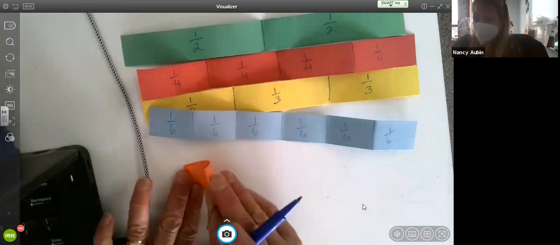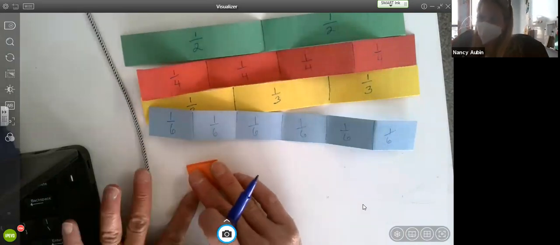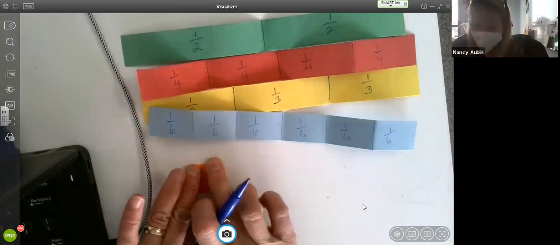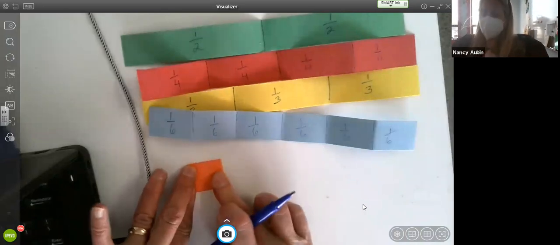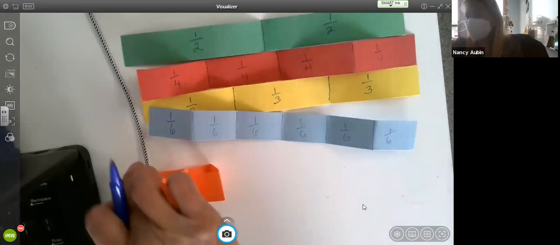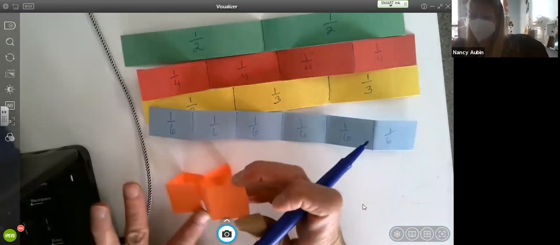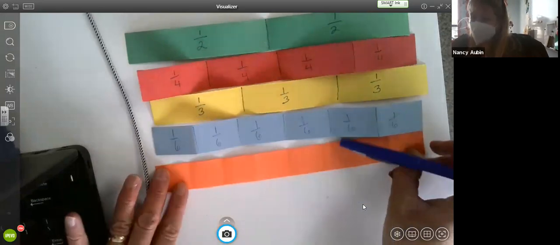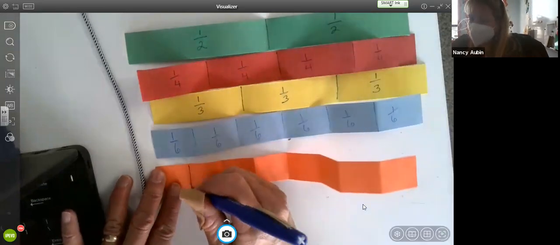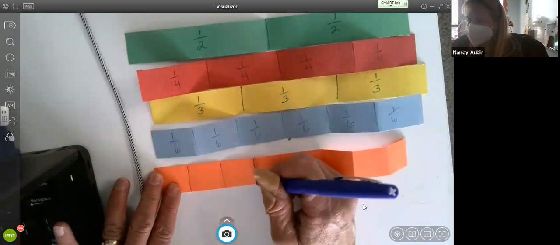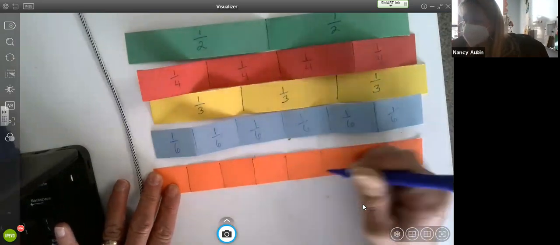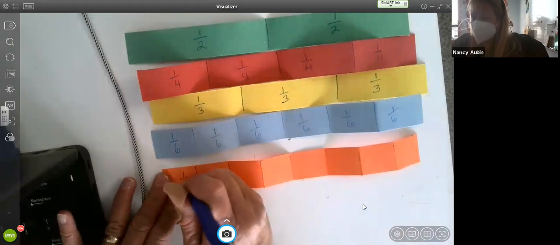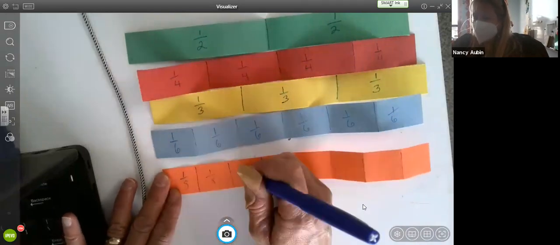Don't keep going though, because you'll end up with like 16ths. We don't want 16ths. So now we were looking for 8ths. 4 times 2 is 8. So open up, you should have 8 equal parts. And then let's label each one 1/8.